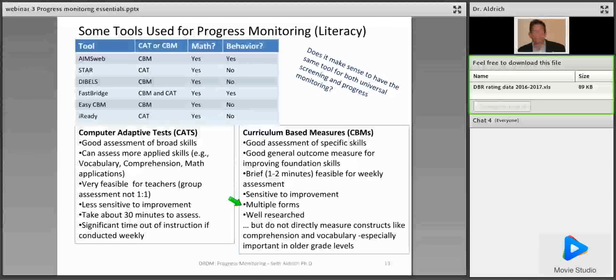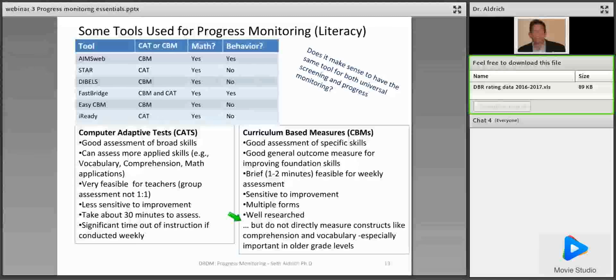Multiple forms. So typically you'll have 20 or 30 forms that are equated that you can use for weekly progress monitoring. And there's a ton of research about the CBMs. When you look at most of the studies addressing learning disability identification using RTI data, we're usually talking about a CBM measure.